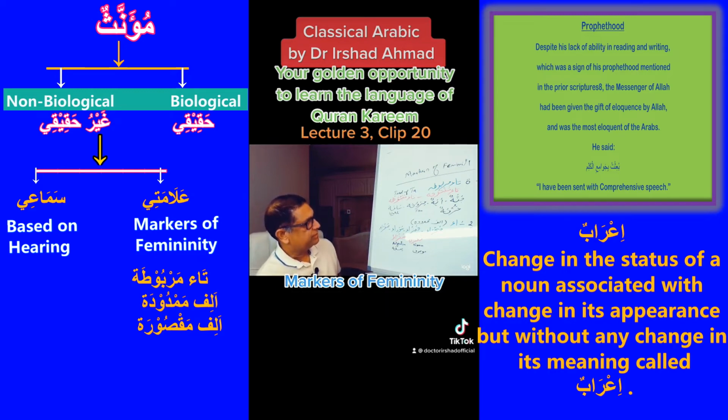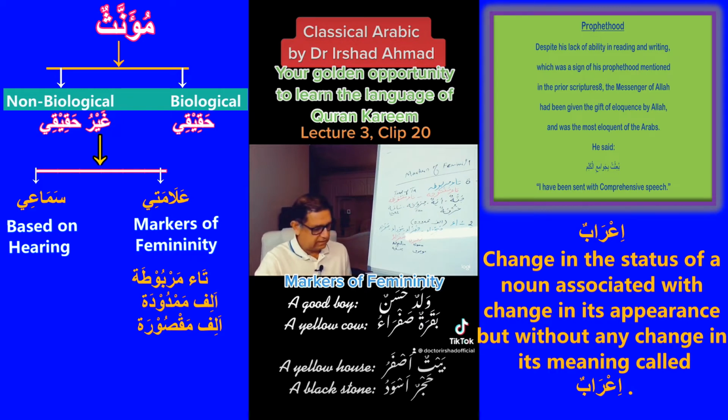For example, we say Hajr Aswad, which is a Persian construction. But in Arabic we will say Hajru Aswad, not Hajri Aswad. So Aswadu is masculine, which means black. So this means black stone.